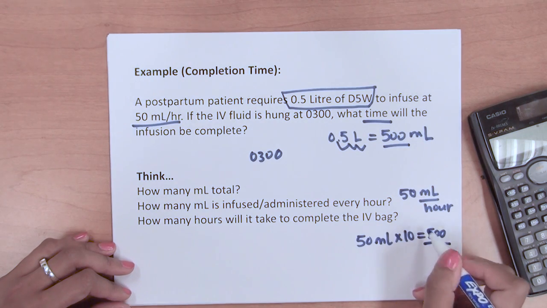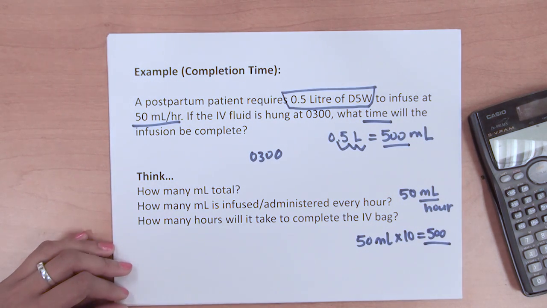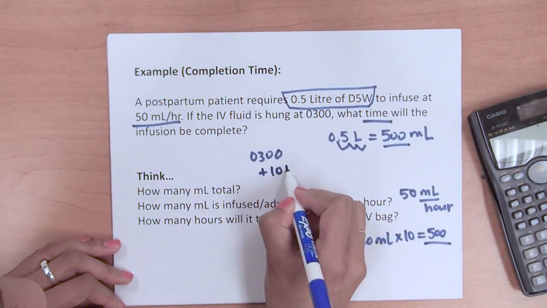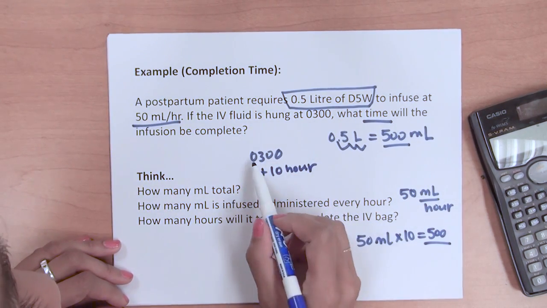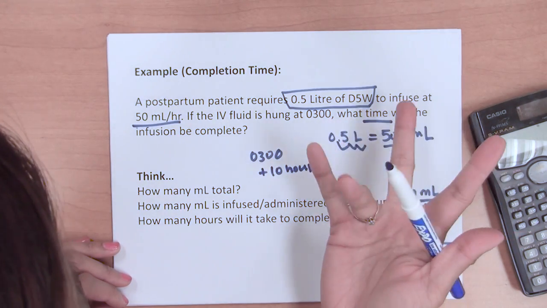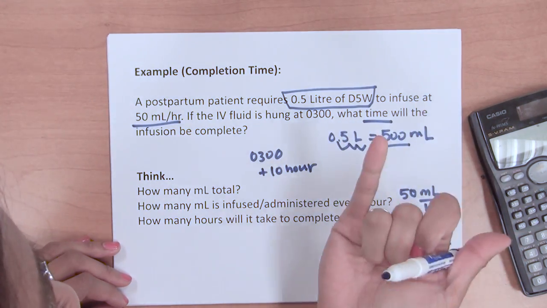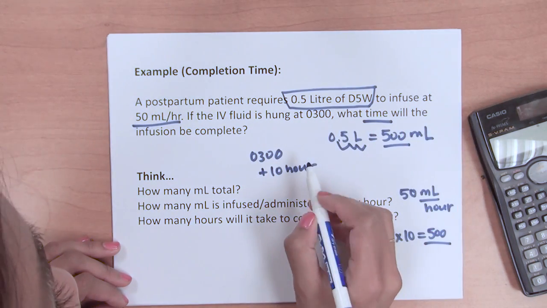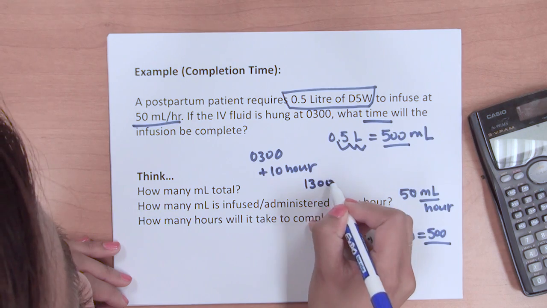So after 10 hours, 500 mils will have gone through to the patient. So that means we need to add 10 hours to this, 3 o'clock. So you can just count that manually. So 3, 4, 5, 6, 7, 8, 9, 10, 11, 12, 1. So that's gonna take us to 1,300.